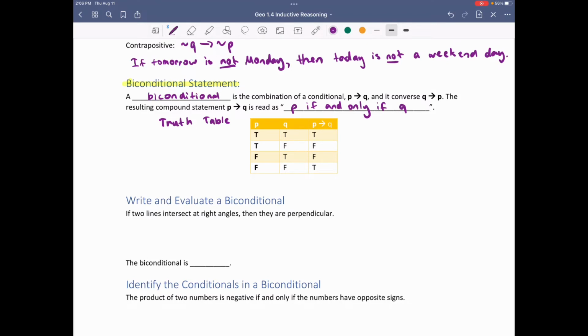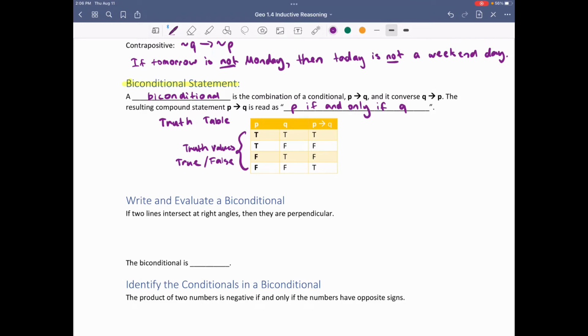And within these truth tables are the truth values. So the T represents true and the F represents false.